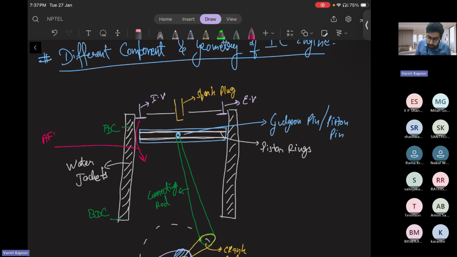The air fuel mixture leaks, which is nothing but blow-by loss. So you deliberately want your piston ring to be brittle, so that when it breaks, you get a very loud noise in the engine.